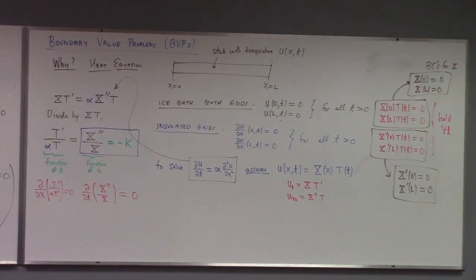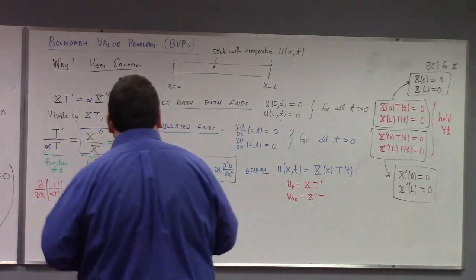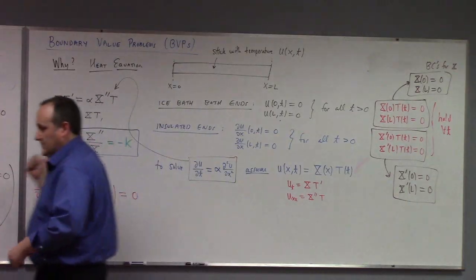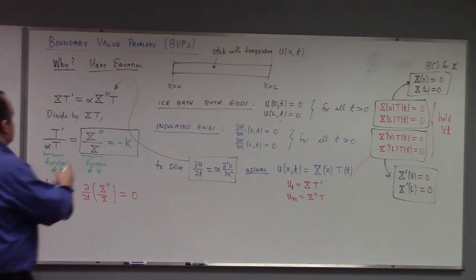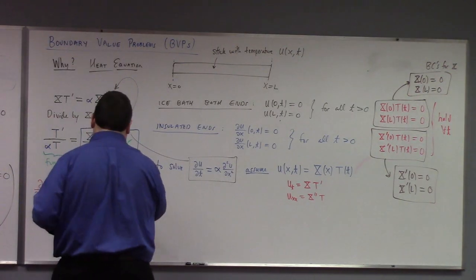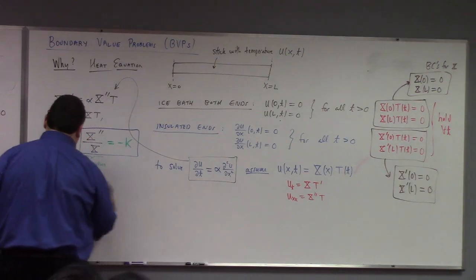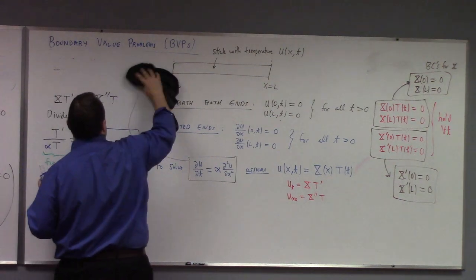So if I can erase some of this stuff over here. Ooh, poor choice on my part. I don't know why I erased that. I don't want to erase some things.